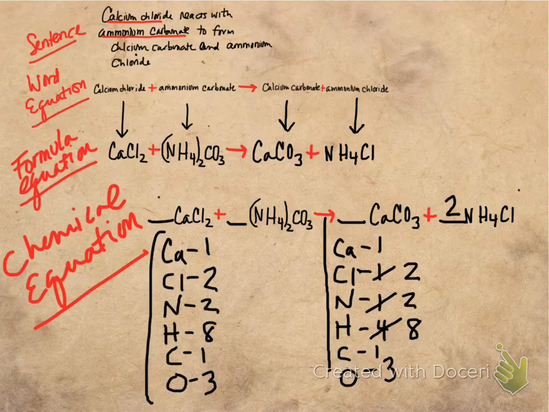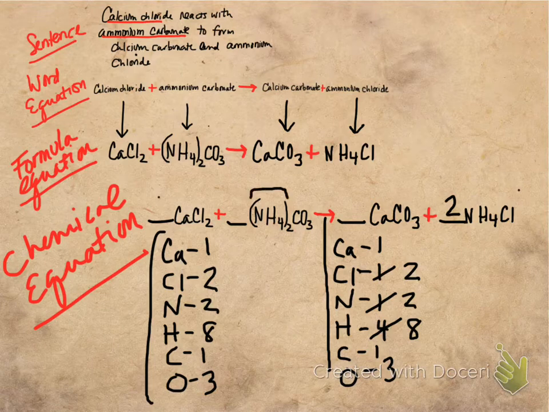What that does is it allows me to keep track of what I had and what I have now. It gives me basically a visual record of where I've been. And hey, look at that. We're now balanced. That one was pretty easy. But I'll tell you something that makes it even easier.